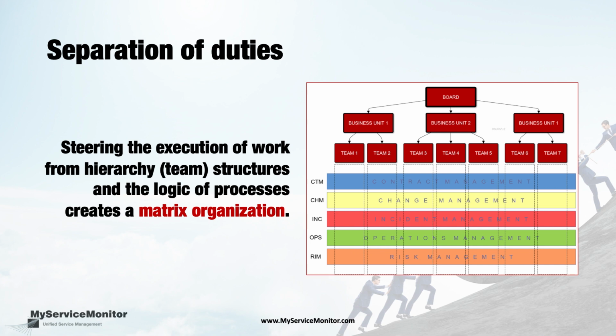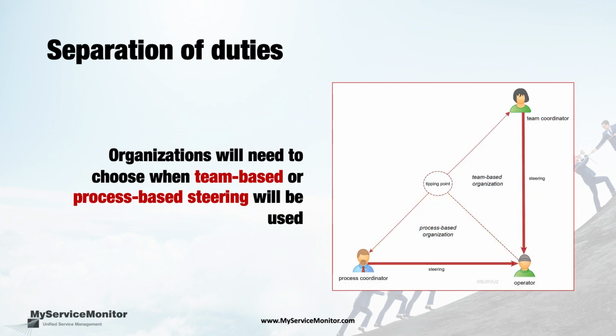In USM, a service organization is a matrix organization and balances the structure of a hierarchy with logic of a process perspective. This allows you to apply domain separation and process-based working as appropriate for the organization's needs. Of course, organizations will still need to decide which approach will steer the organization.